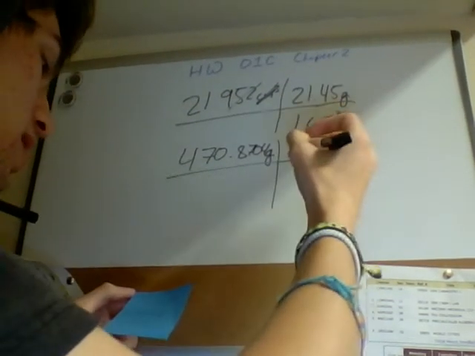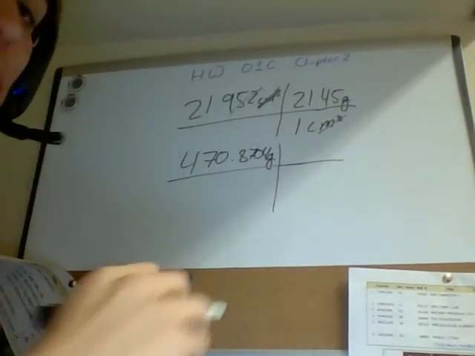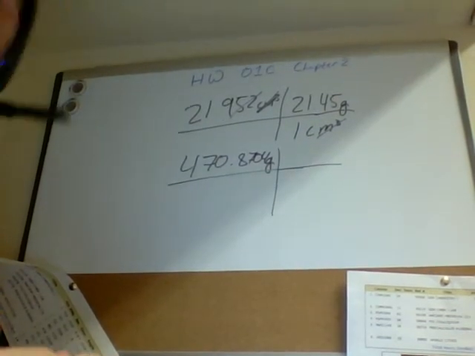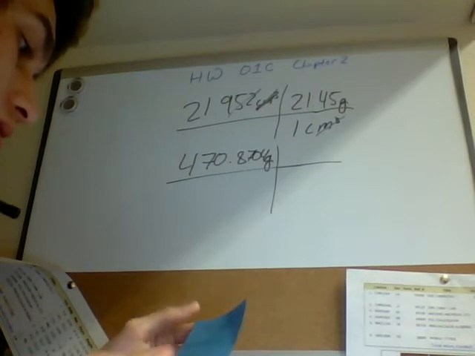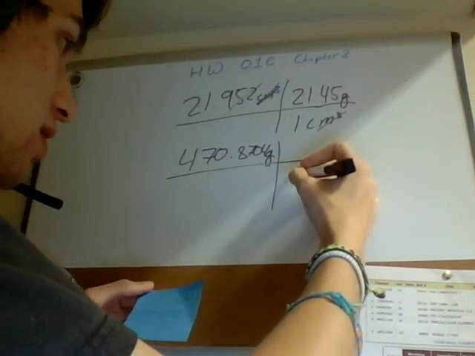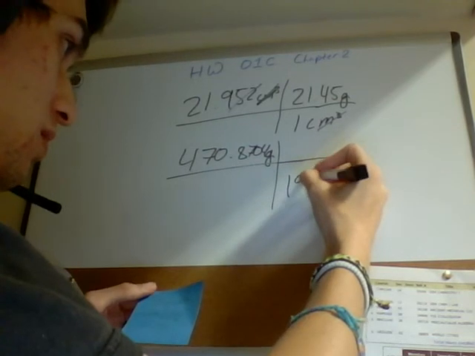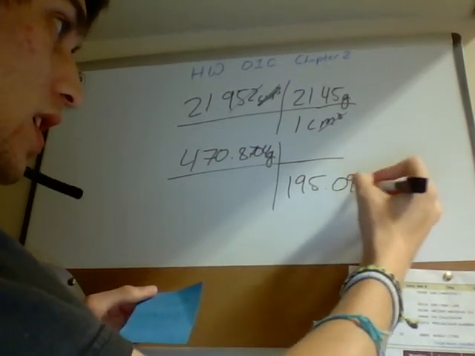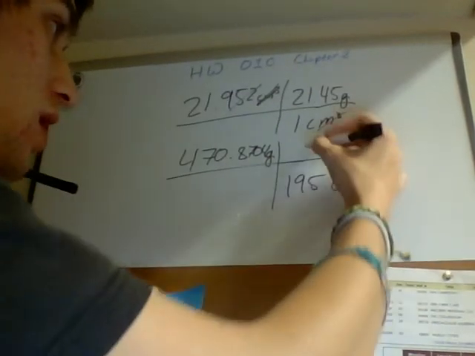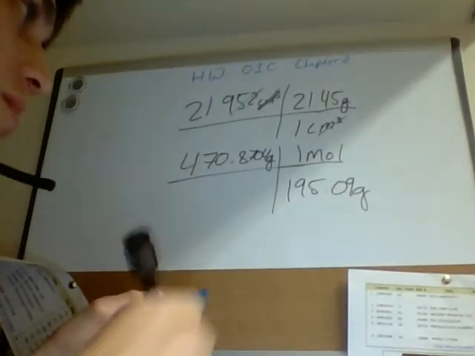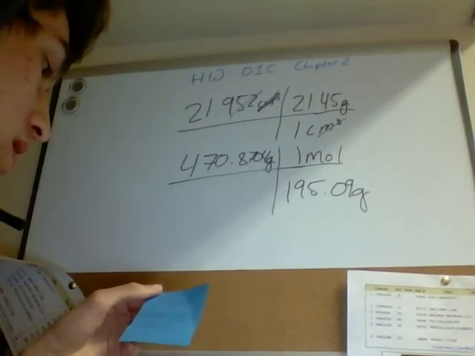Now we go from grams using the molar mass, which you're going to have to look up, or use a periodic table. So that's pretty simple. The molar mass is 195.09 grams per 1 mole of this substance, which is platinum.